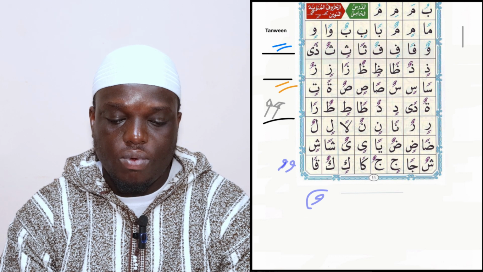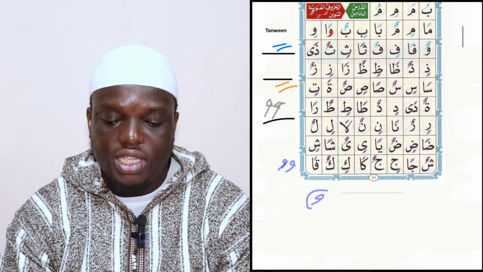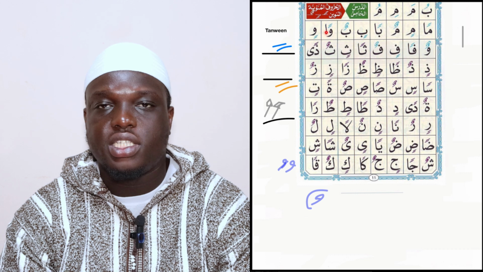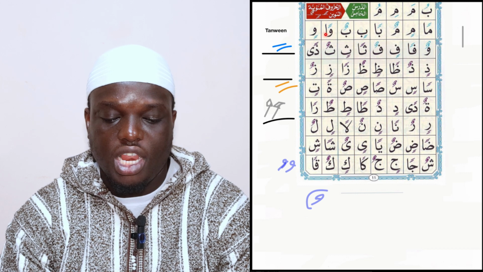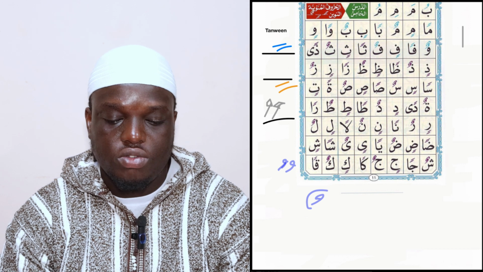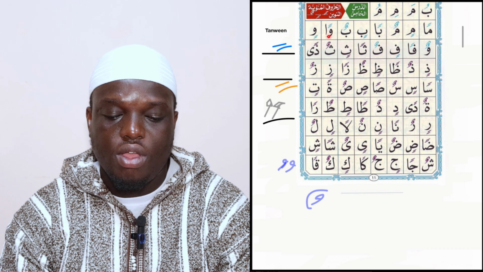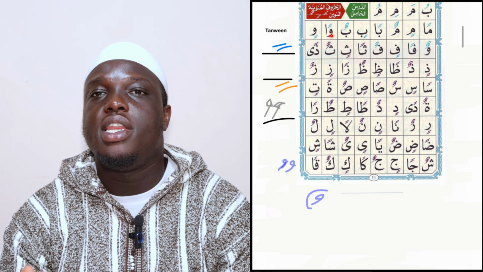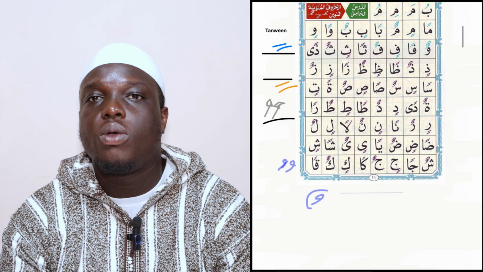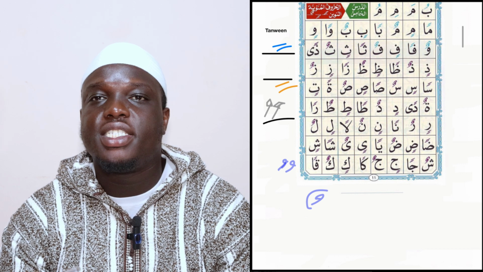Next letter we have wow, fathatain, wan. We see the alif next to it, but we're not pronouncing this alif. Remember, alif loves to follow fathatain. You're just going to see alif with fathatain, and we don't pronounce it. So wow, fathatain, wan, because wa starts with a w sound, and fathatain is an an sound.